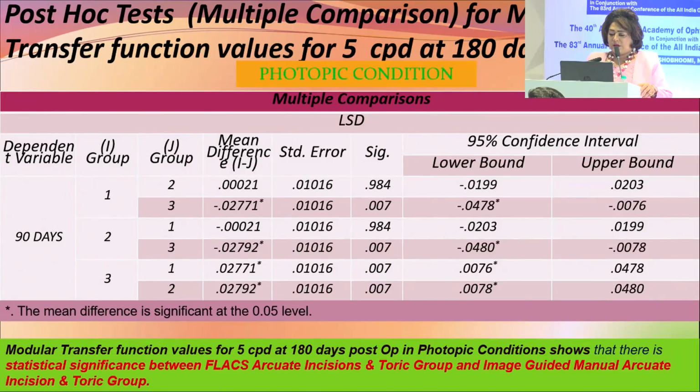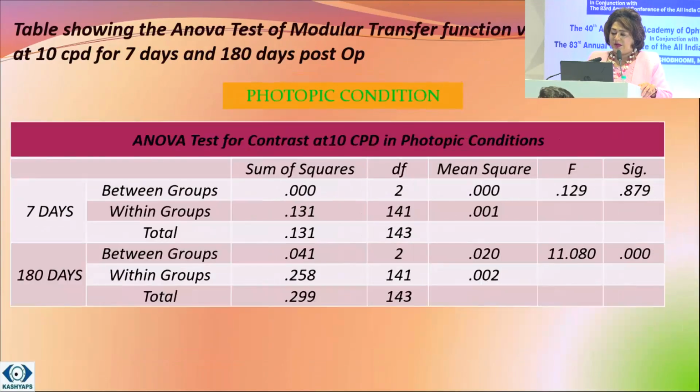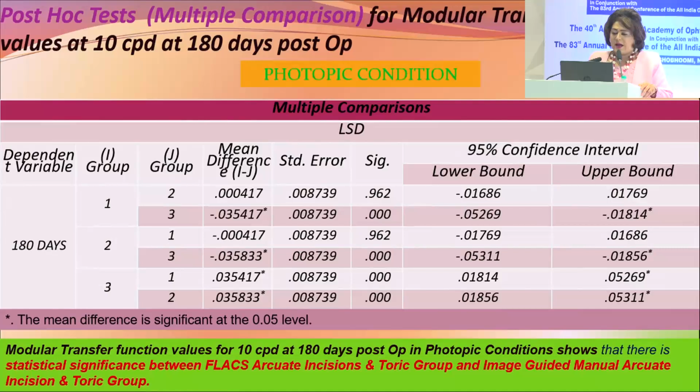When LSD was applied, it shows the toric IOL group, the third group, has significantly better photopic MTF at 5 CPD. Similarly, it was analyzed at 10 CPD with ANOVA and LSD post hoc test, and it was again found that at 10 CPD MTF was significantly better in the third group, that is toric IOL, in photopic condition.